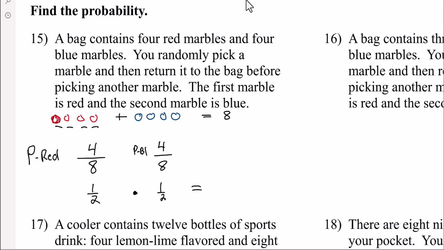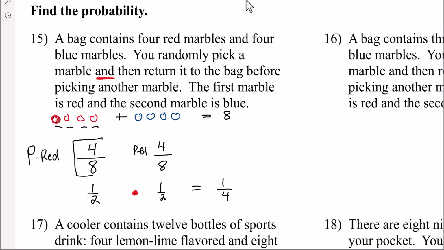So this is one of the only times in mathematics when you see the word and, instead of adding, that's going to indicate you're going to multiply. So in this scenario, you have a 1/2 chance of first picking a red marble, then a 1/2 chance of picking a blue marble.